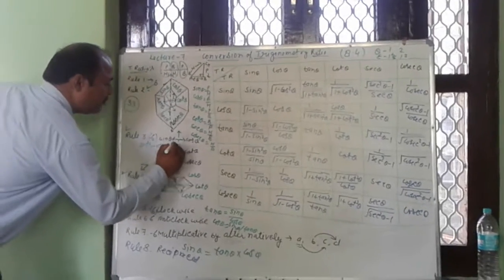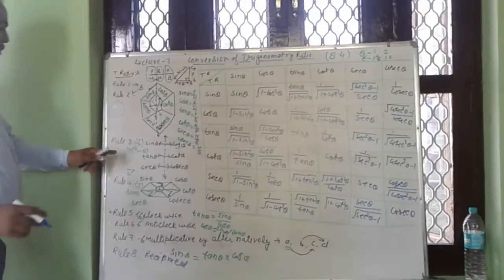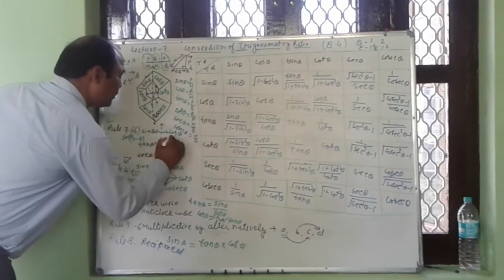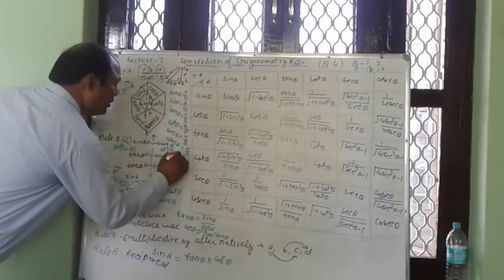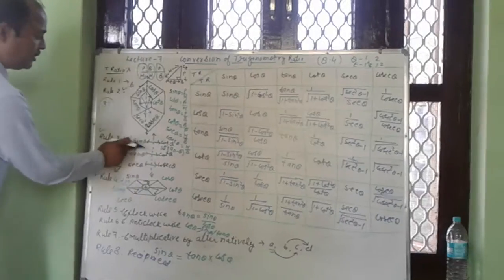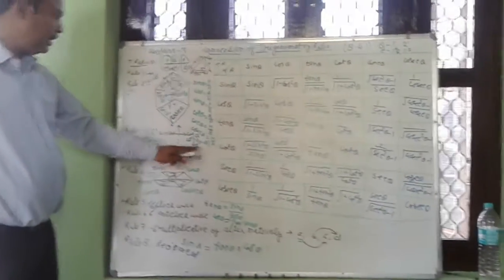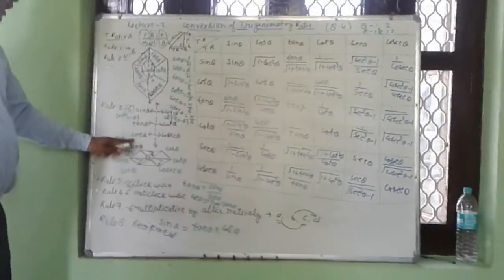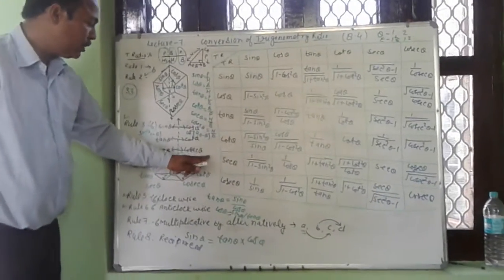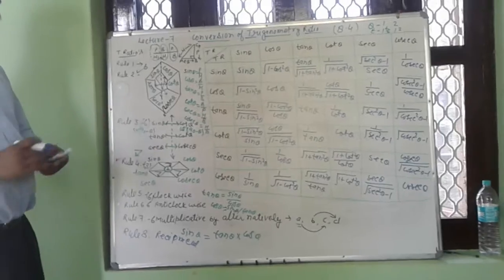It means this is opposite to this one, this is equal to cos theta. Or if we write cos 90 minus theta, then it is sin theta. Tan 90 minus theta is cot theta, cot 90 minus theta is tan theta. Sec 90 minus theta is cosec theta, cosec 90 minus theta is sec theta. 6 formulas come from here.